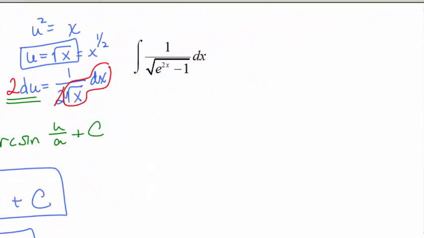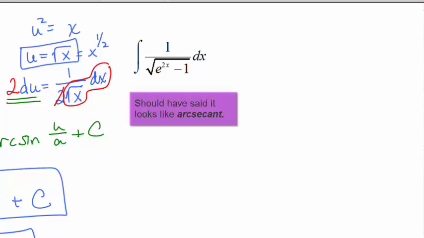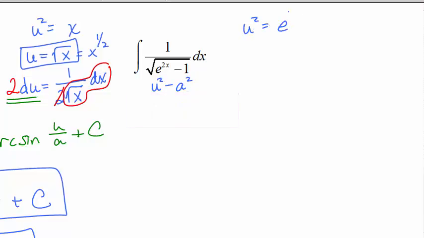Now this next one, you're going, well, I see something variable minus 1 under a square root. That kind of looks like arcsine, maybe, if it's in the form of u squared minus a squared. So let's just dive in. So if u squared is e to the 2x. Now, if you're thinking, how is that a square?